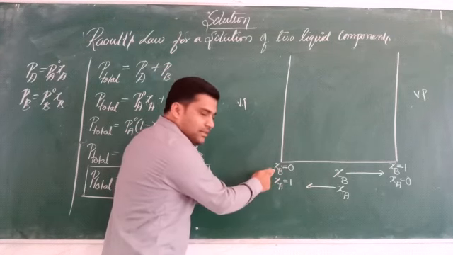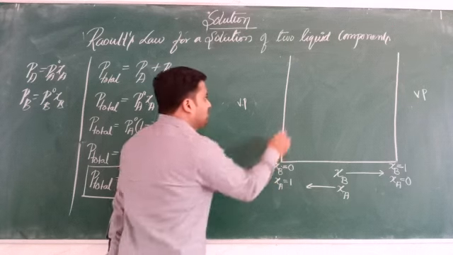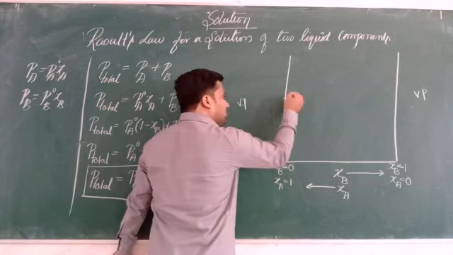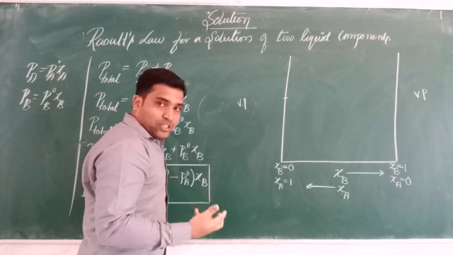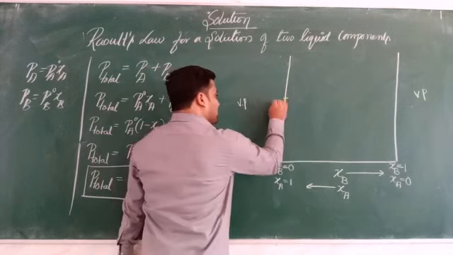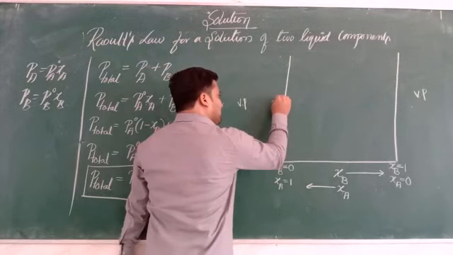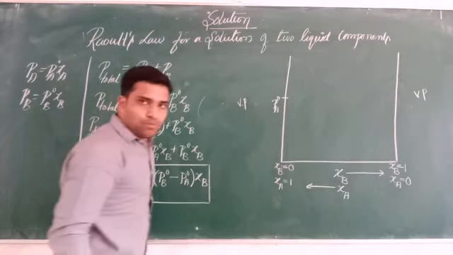Okay, here if there is no component B, it is maximum, that means the partial pressure of the pure component is denoted by this one, that is PA naught. This is the position.